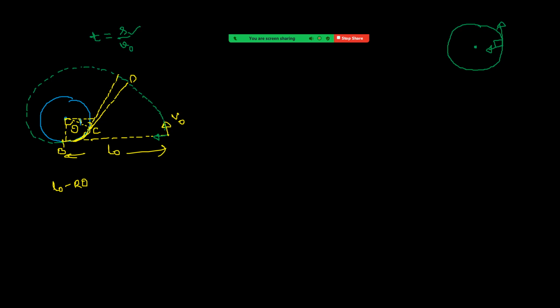Therefore, this also is d theta. Let us take a small time interval dt. The particle has moved from this point to this point. This is the distance traveled, and it is equal to L naught minus r theta into d theta.